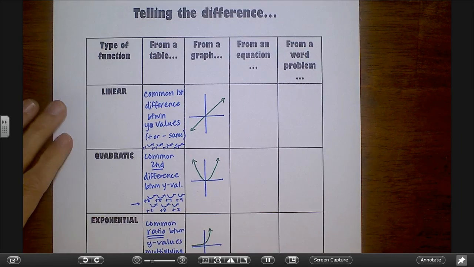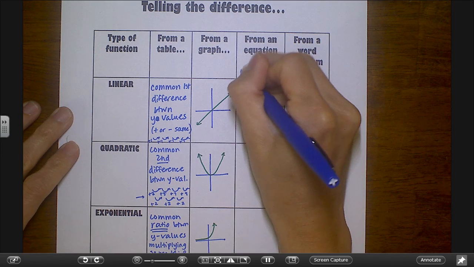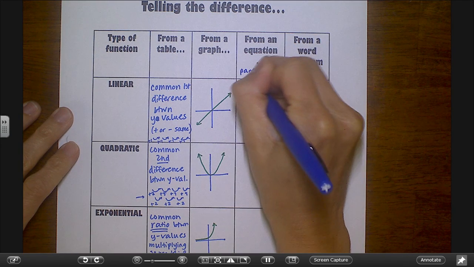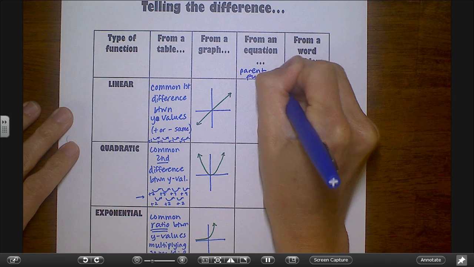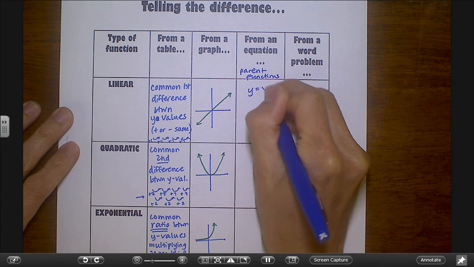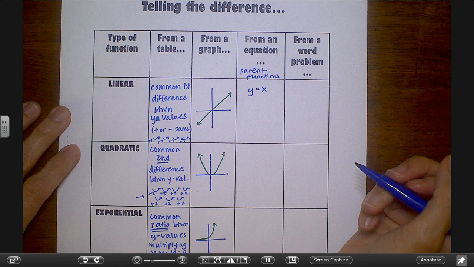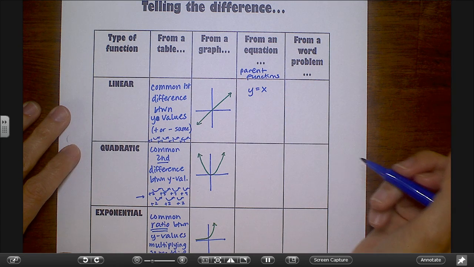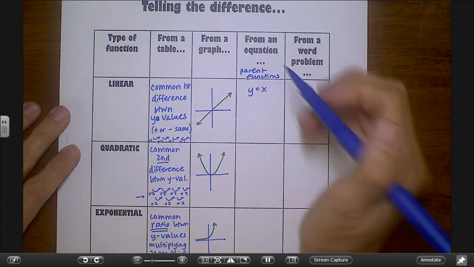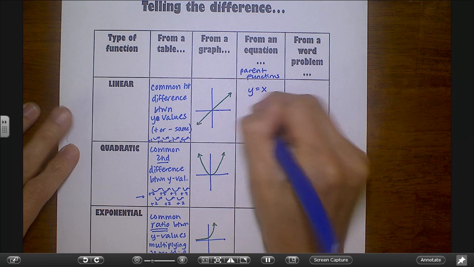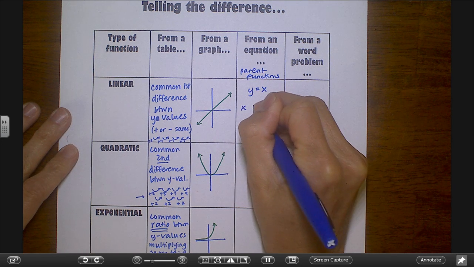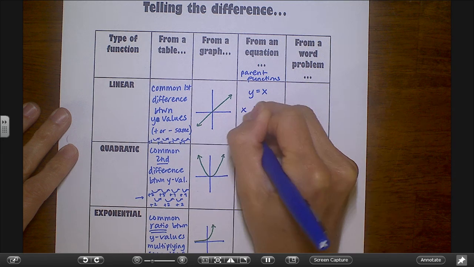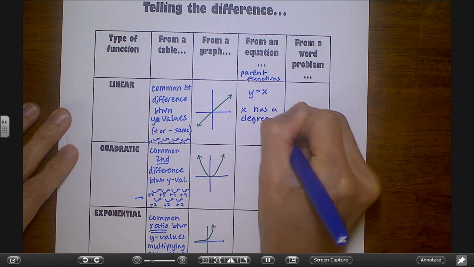All right, and then linear from an equation. In equations, we're going to look at parent functions. So y equals x, or y equals mx plus b, or ax plus by equals c, or any of those. But the big thing is that x has a degree of 1.